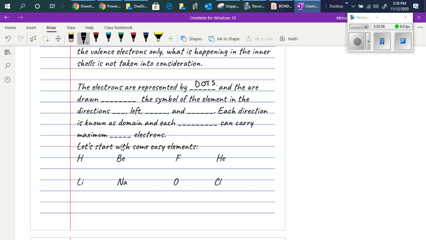And they are drawn around the symbol of the element. So when you see a Lewis dot diagram, you will see something like this being the symbol of the element. And then we will start drawing the Lewis dot diagram as dots that are around the symbol of the element.